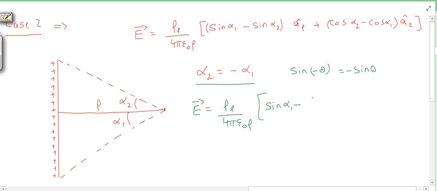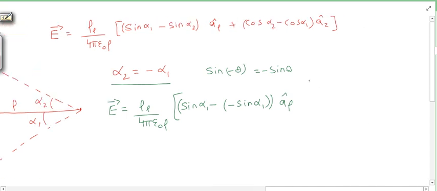So I can use this here and I can write minus sin alpha 1, and if I put the vector as a_rho cap and then plus cos alpha 2. Alpha 2 is minus alpha 1, and you know cos of minus theta will be cos theta. So I can replace this as cos alpha 1 only, minus cos alpha 1, and the unit vector is az cap.